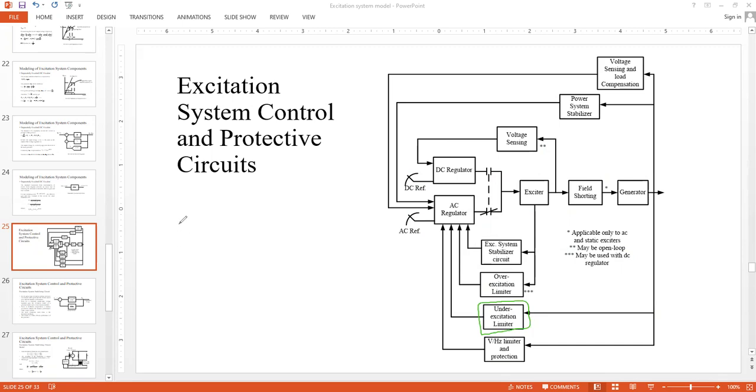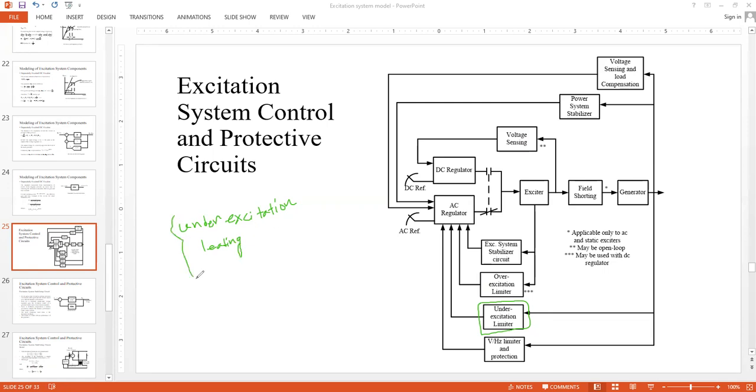there are 2 things. One is under excitation, and also at the same time, if your machine is running in leading power factor operation. So if these 2 things combine, then it is very much detrimental for the stability of your system.